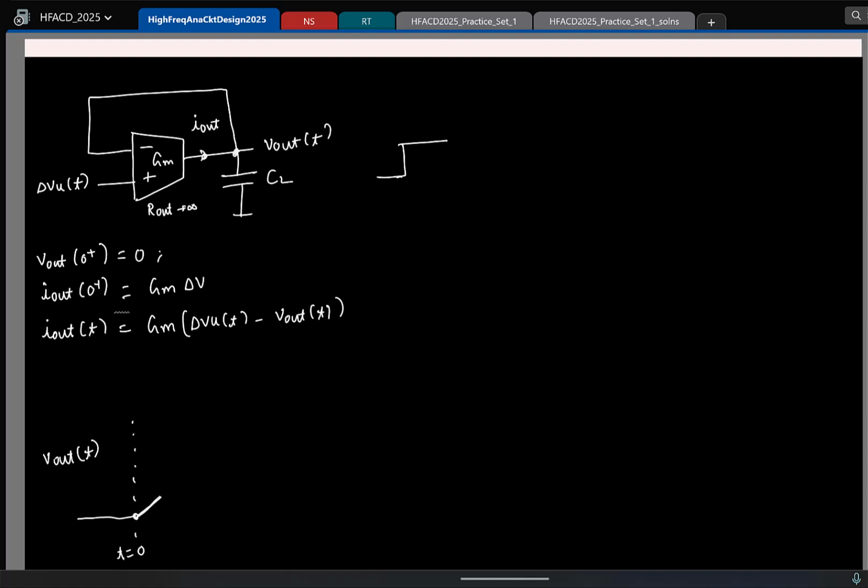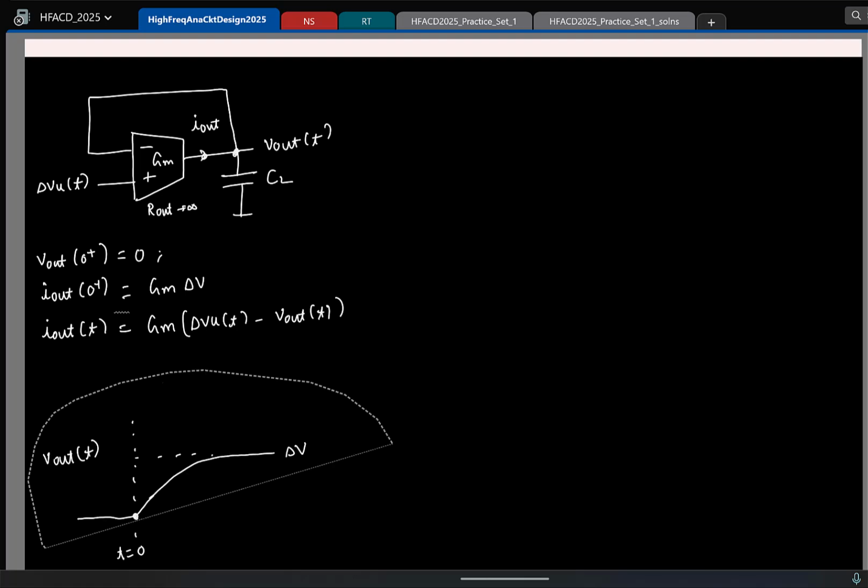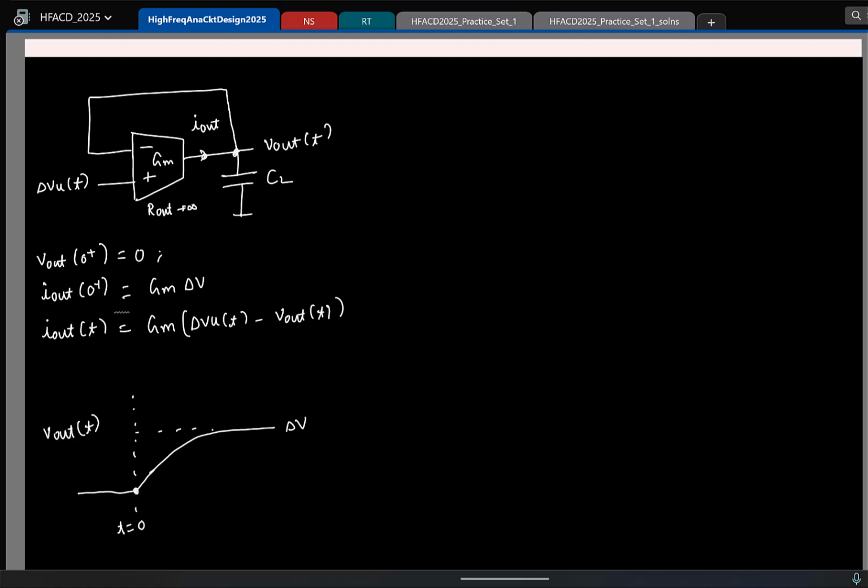So this has happened. And how will the curve look like finally? It's an exponential thing. Okay. And eventually it reaches delta V. Again, this is your first order RC settling behavior, right? And what will be V out in steady state?